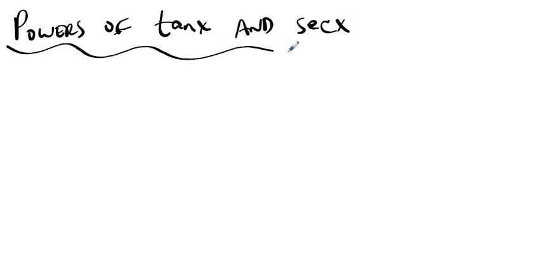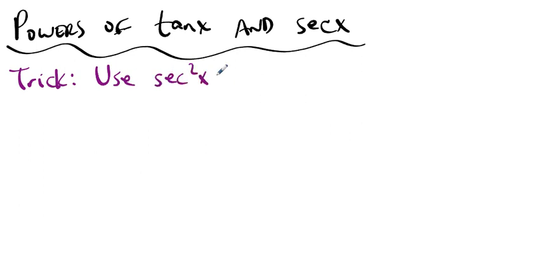One other thing we should pay attention to. Sine and cosine are not the only functions in the world. There is also tangent and secant. Let's go purple. When you go tangent and secant, we're looking to use the fact that secant squared x is tangent squared x plus 1.